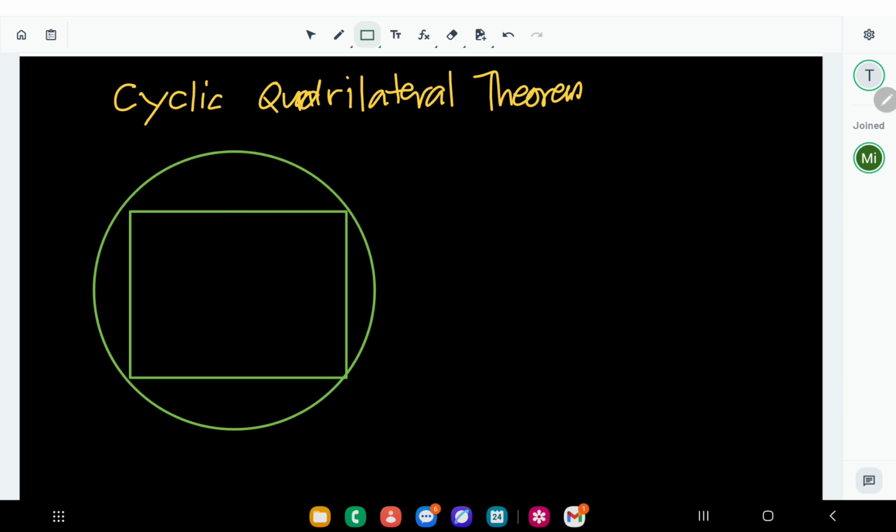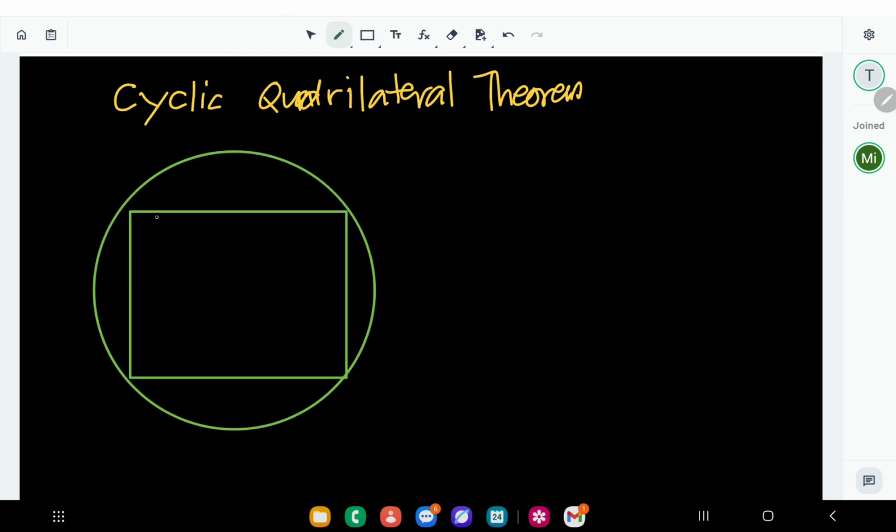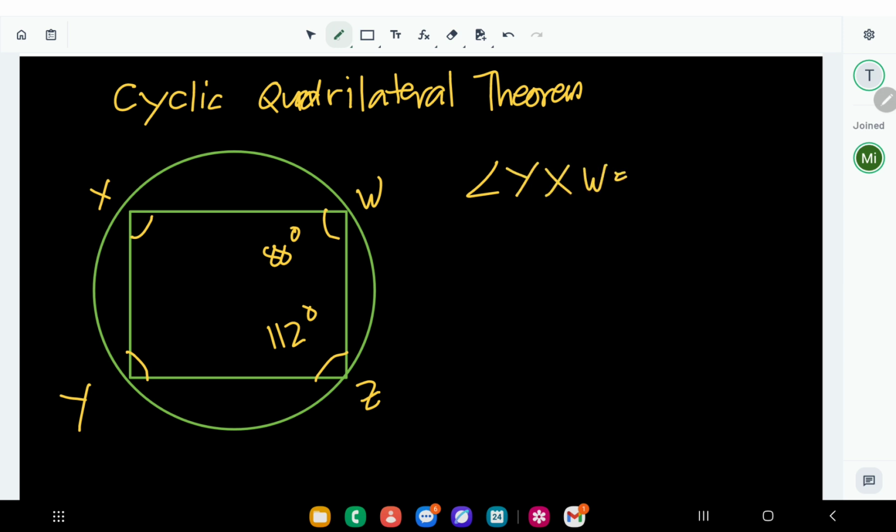I cannot move the quadrilateral. So this is angle X, and this is W, which is 88 degrees, and this is Z, and this is Y, and Z is 112 degrees, and we need to find angle YXW.